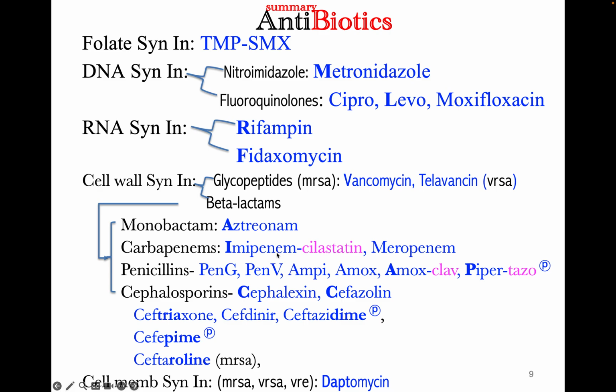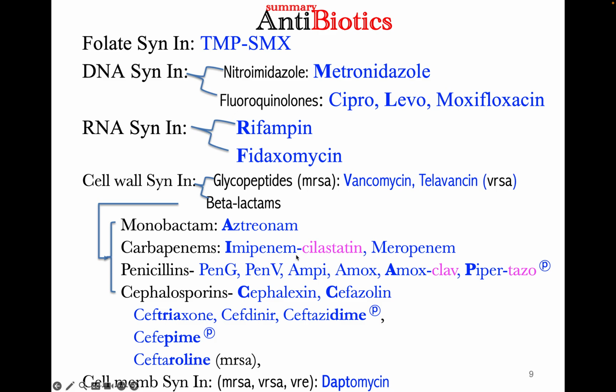Therefore, it can cover gram-positive, gram-negative, aerobes, anaerobes, all the bacteria; it is broad spectrum. So this is actually a last resort antibiotic. Keep in mind, Aztreonam has only aerobic coverage, right? Earlier we learned metronidazole has anaerobic coverage because it is a prodrug, activated only in anaerobes. Aztreonam, aerobic coverage. Imipenem has aerobic, anaerobic, gram-positive, gram-negative, all those.